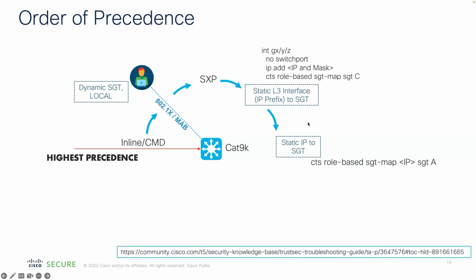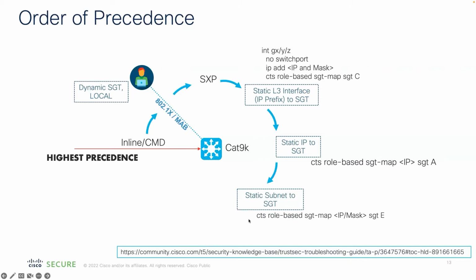So if you've got an IP to SGT for an IP address to a particular group, and you're learning through SXP, and you've learned the same IP, but to a different group, then it will prioritize the SXP mapping over the IP to SGT static classification, because it's of higher precedence. The next one lower is static subnet to SGT.